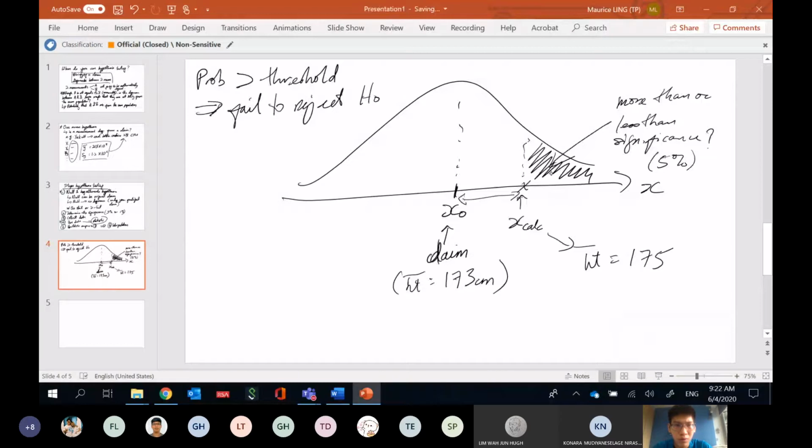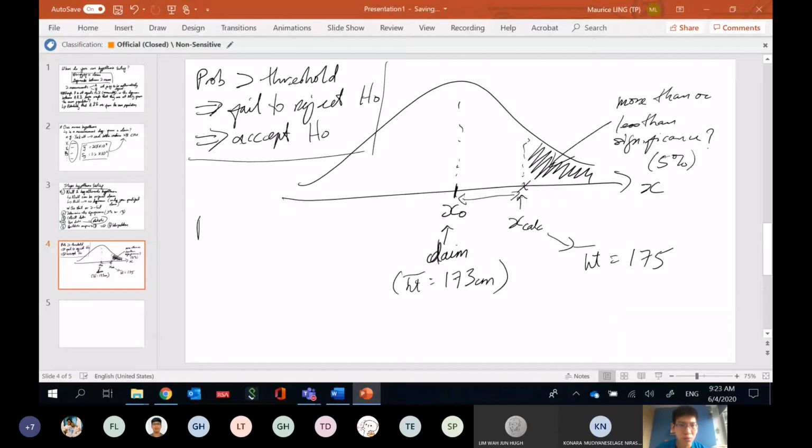That means this area is more than 5%. We fail to reject the null hypothesis. And if we fail to reject the null hypothesis, we accept the null hypothesis. So far, okay? Benjamin, are you all right with this statement? Yes, sir. Okay. So this is one.